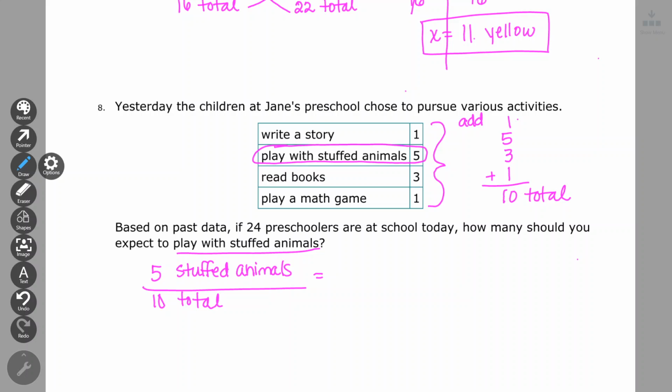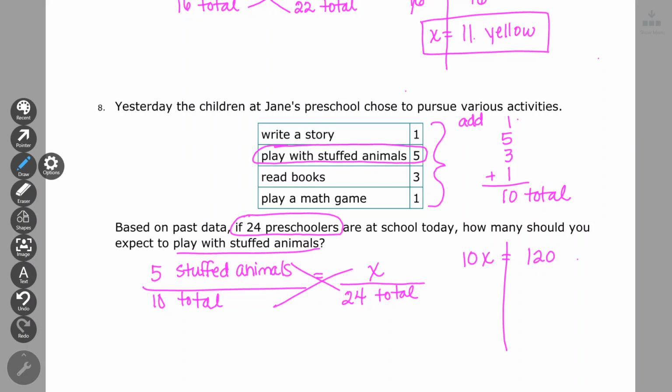And we've got to set that equal to, it's asking us if 24 preschoolers are at school today. So the total number of preschoolers is going to go on the bottom, 24 total. And then they want to know how many are going to play with stuffed animals. Well, we don't know. That's where our x comes in. 10 times x is 10x. And 5 times 24 is 120.